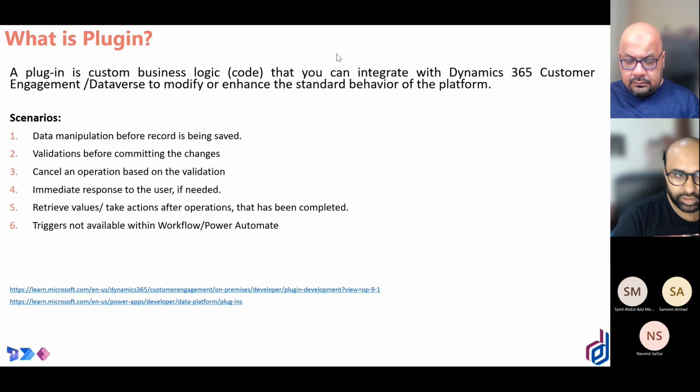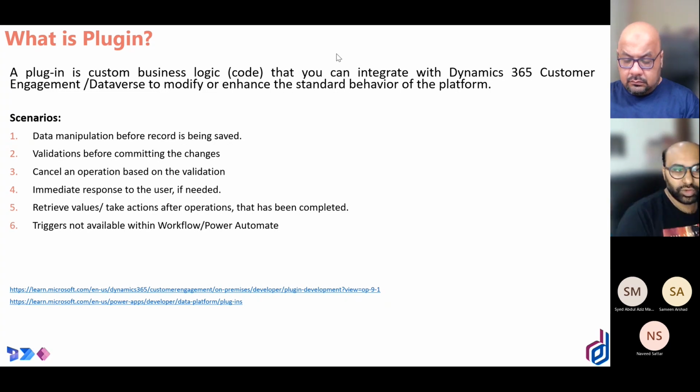So for now you should understand that we can inject code into the execution order of a system operation, but it has to be a trigger or a system operation. Like you can take the example of database triggers, where you can write triggers on a specific table operation like create, update, or delete of a record. Similarly, you can write your own logic in Dataverse when a table operation or system operation is performed.